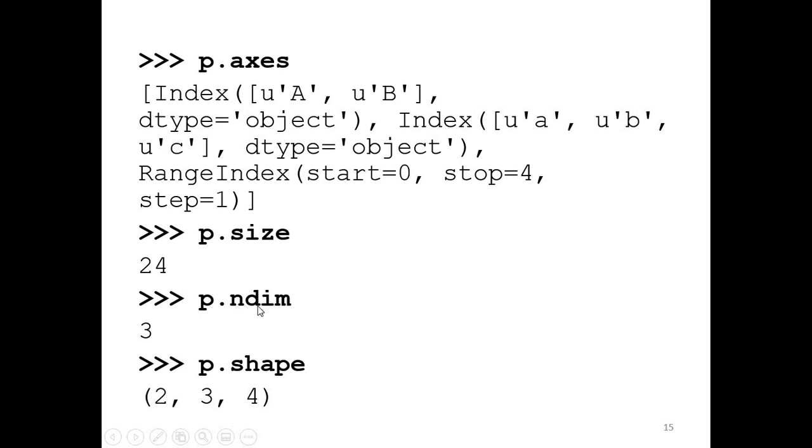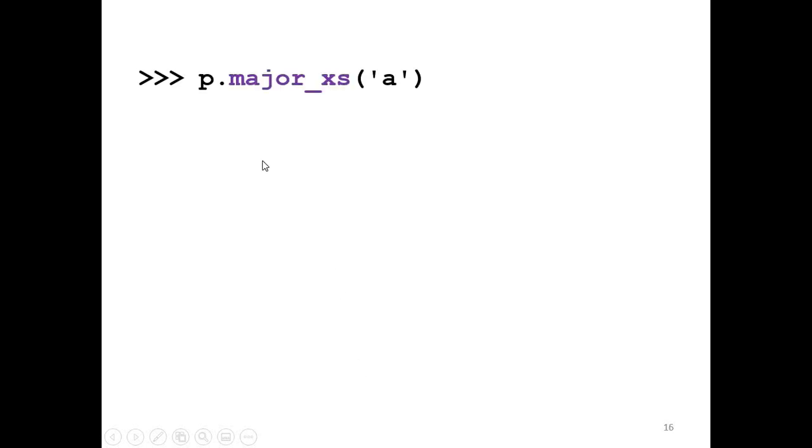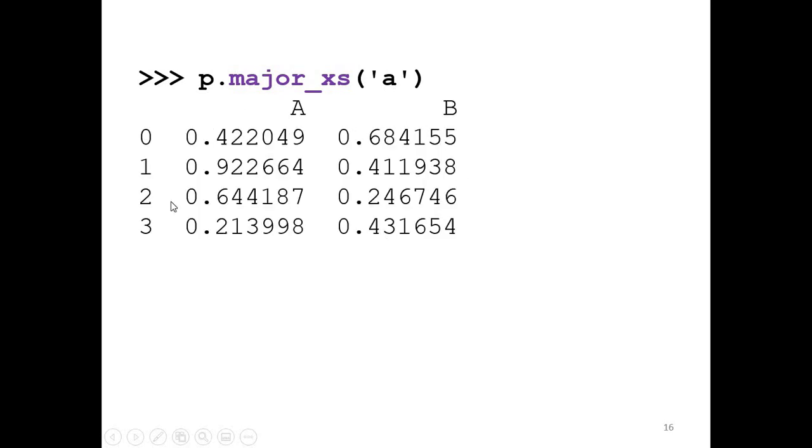If you write p.ndim, n dimension, because it is basically a 3-dimensional array, the dimension is 3. And if you write p.shape, it will be 2, 3, 4, of course. If you write p.major_xs, in terms of the names of the rows, you give A here, it will show you this.